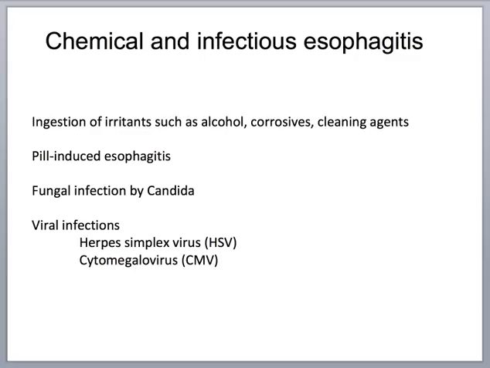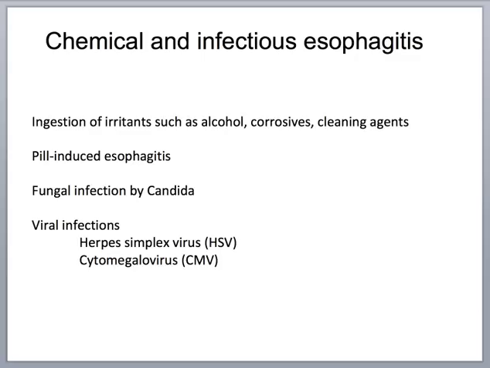Next, I'll talk about chemical and infectious esophagitis. So again, we're going back to the term itis. So itis is any inflammation of the esophagus. This can be caused by ingestion of a variety of irritants, including pills, or it can be infectious.